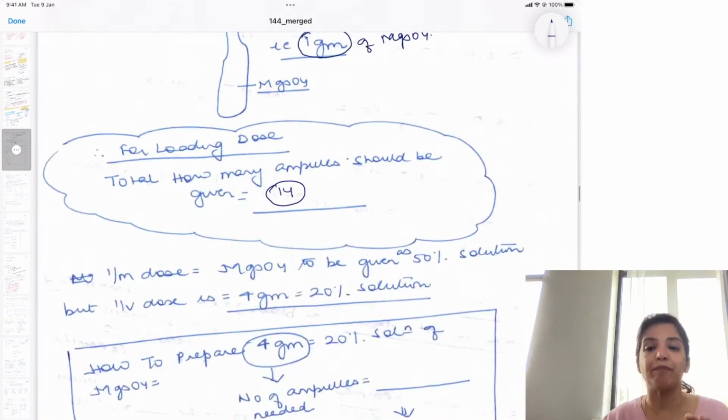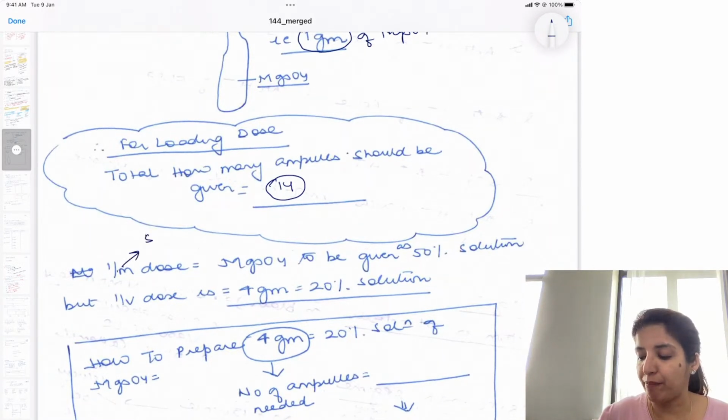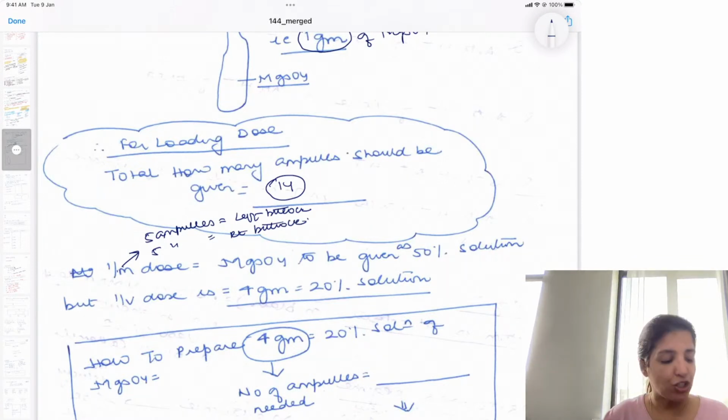अब इन 14 ampules में से जो IM dose है वो तो 50% solution की है. So IM dose में हम 5 ampules दे देंगे immediately in left buttock, and 5 ampules I am going to give in right buttock, because the magnesium sulfate which I have is 50%, right?